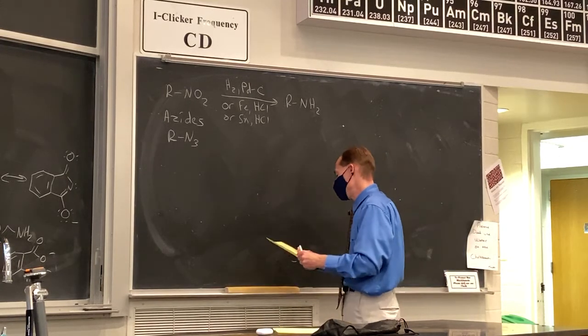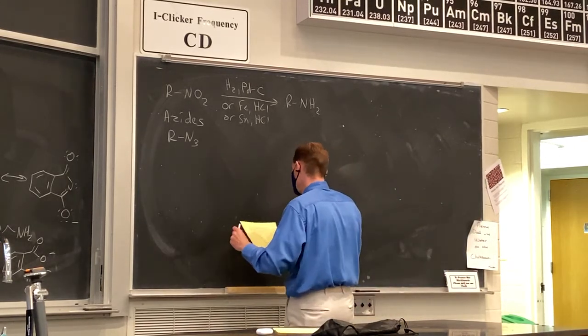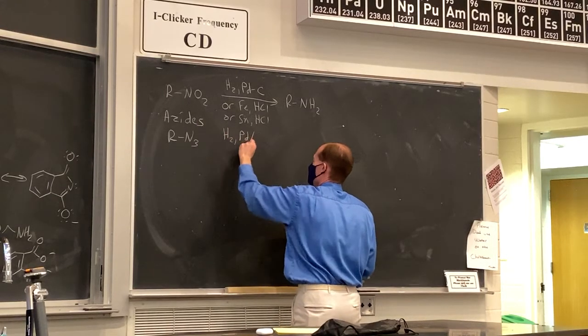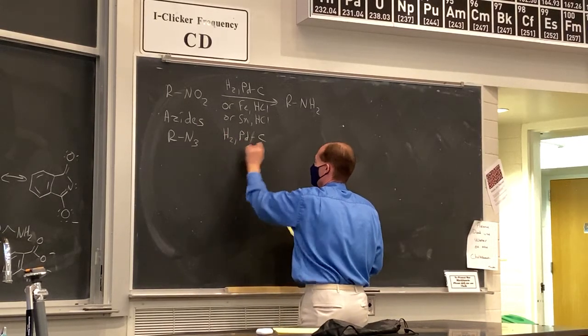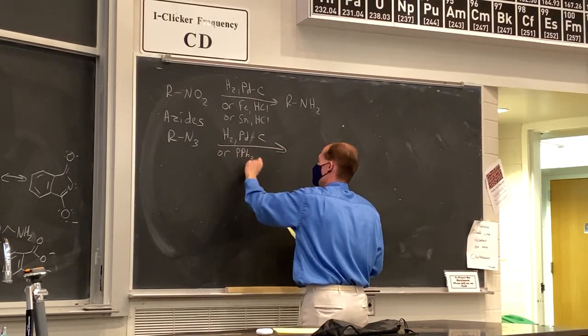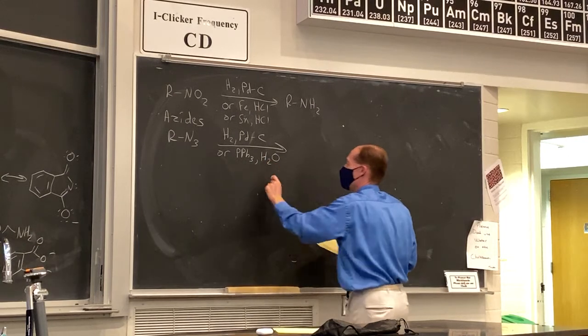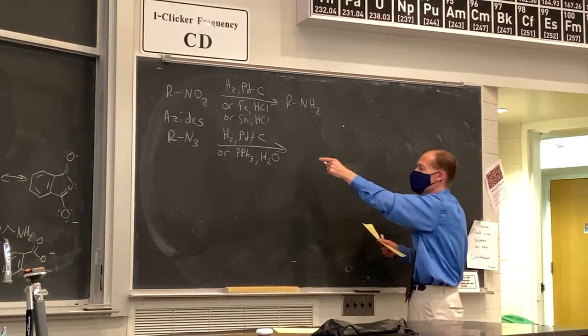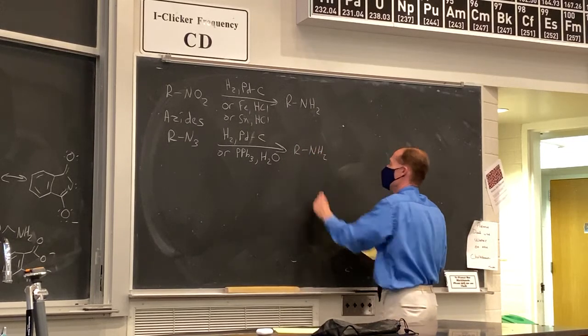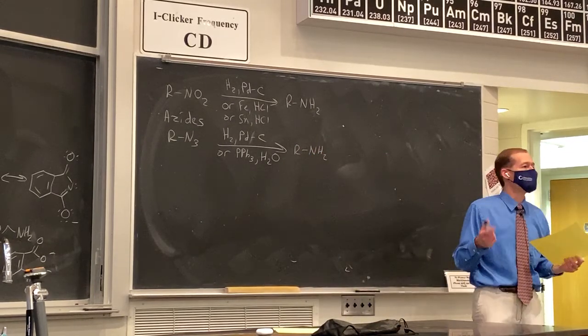So if we have an azide, we can treat that azide with hydrogen and palladium carbon, or we can use triphenylphosphine, a molecule we encountered in the Wittig reaction, along with water. These two sets of reaction conditions will convert an azide into a primary amine.